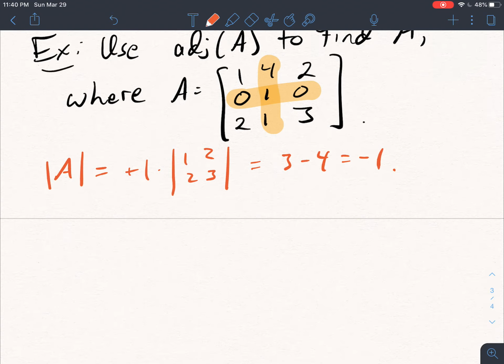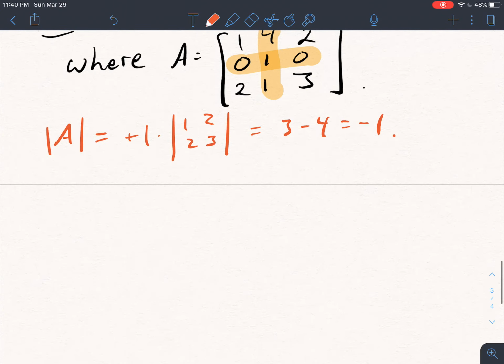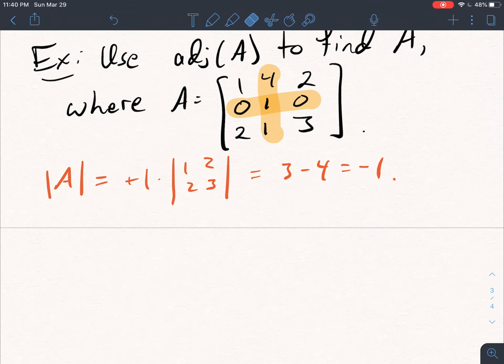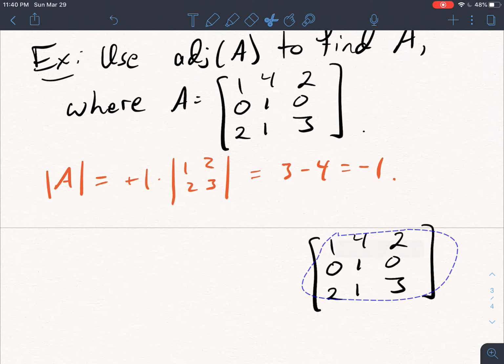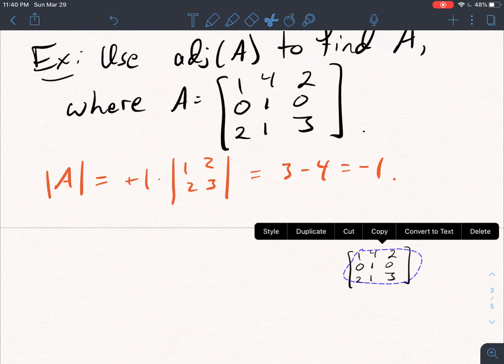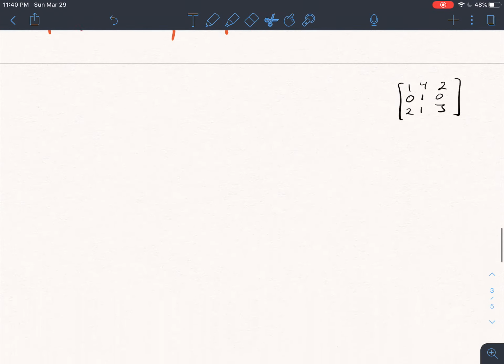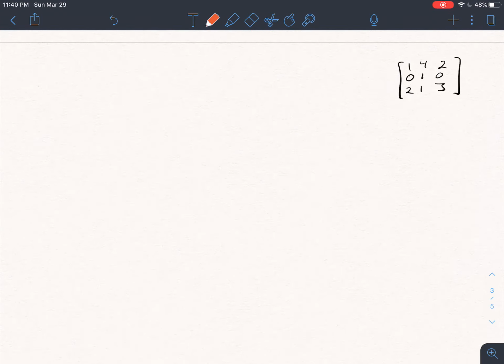Okay, so now let's do the adjoint. Finding the adjoint can be a little time consuming sometimes. Let's do it. I'm going to copy and paste this over here so that I have a smaller thing that I can look at.